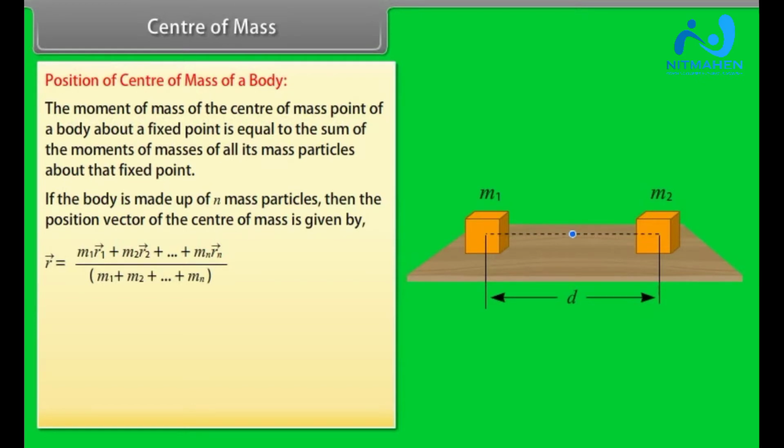On summarizing the above relation, we get r vector = summation from i = 1 to n of mi ri vector / summation from i = 1 to n of mi.